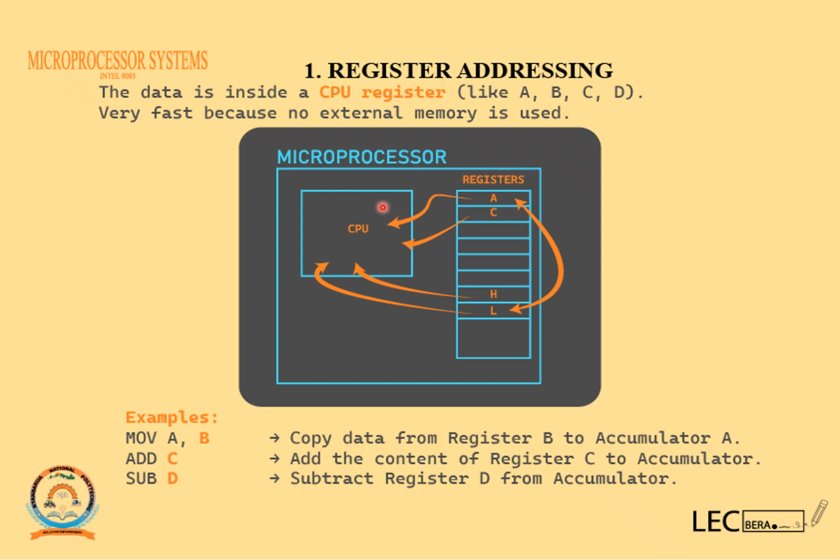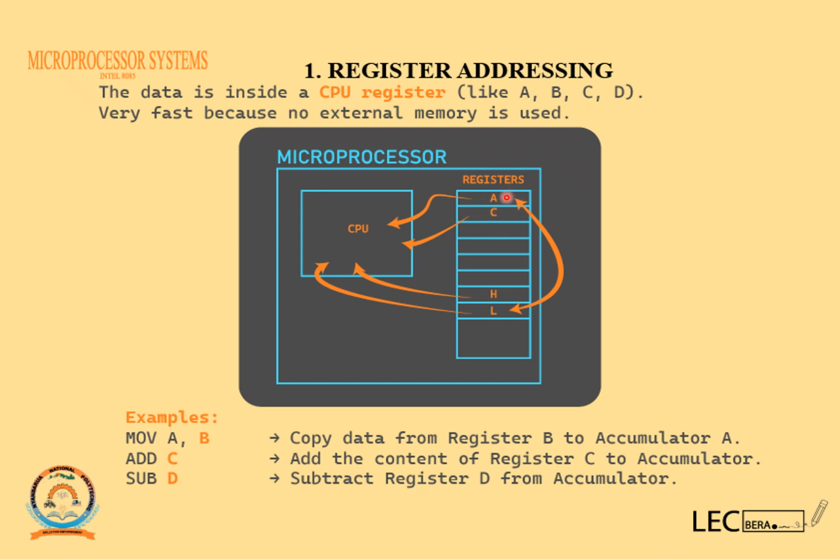And when I'm talking about the CPU here, I'm talking about the arithmetic logic unit. Remember, I've just put them inside the block. But inside this CPU, we have other blocks like a control unit, another one is the arithmetic logic unit, among other components which form the central processing unit. So this register addressing, the data which we are working on, that is the operand, is either found inside what?